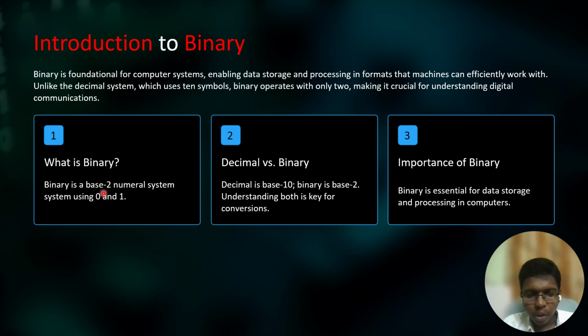Binary means a base two numerical system using 0 and 1. Decimal versus binary: decimal base is 10, binary base is 2. Understanding both is the key for conversion.